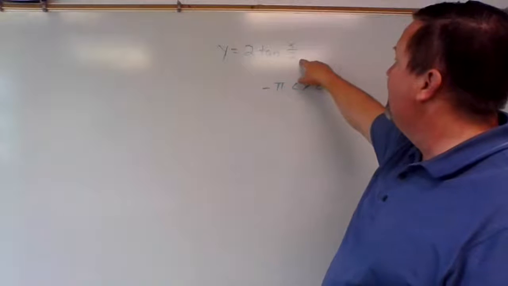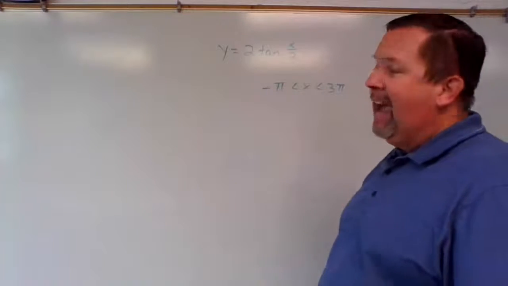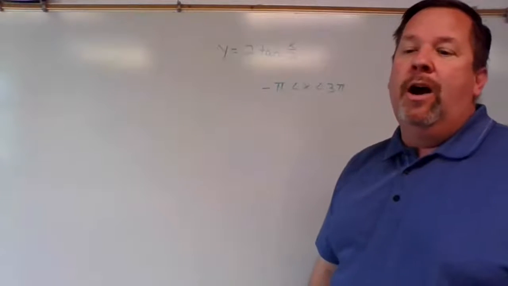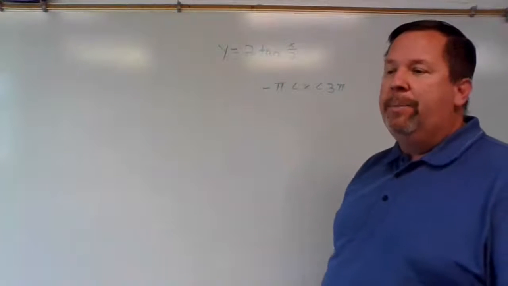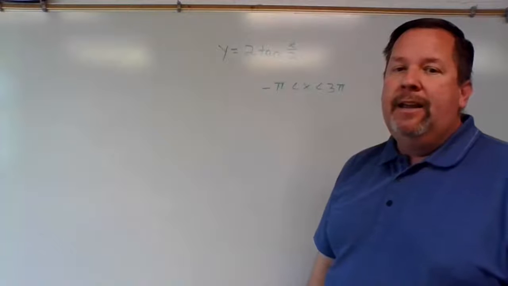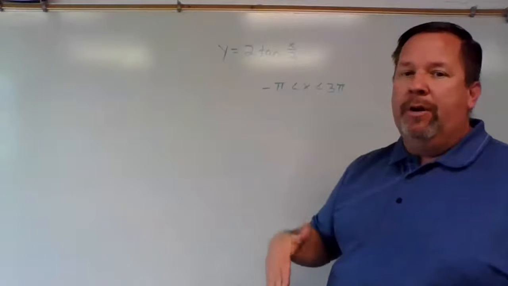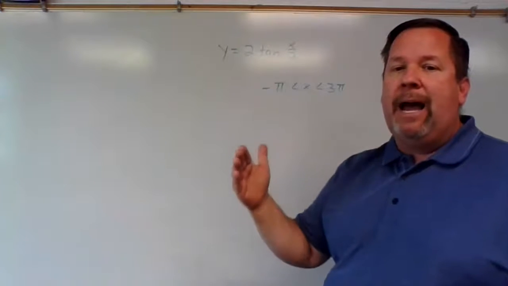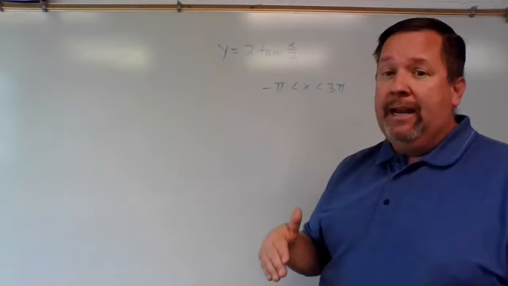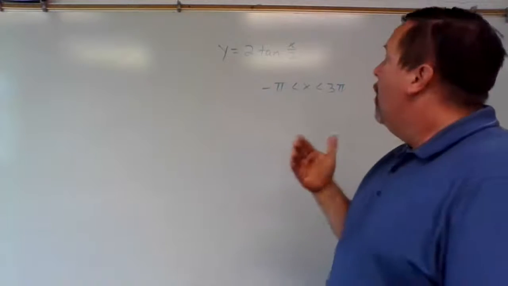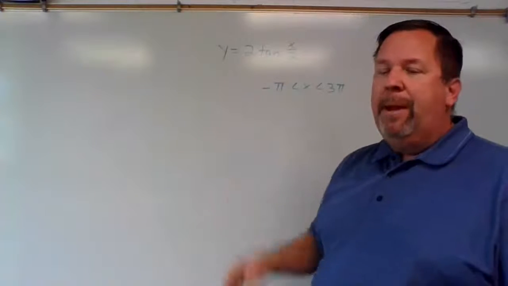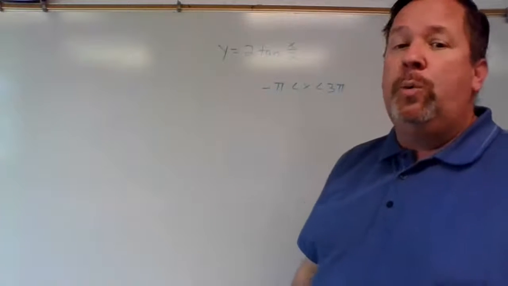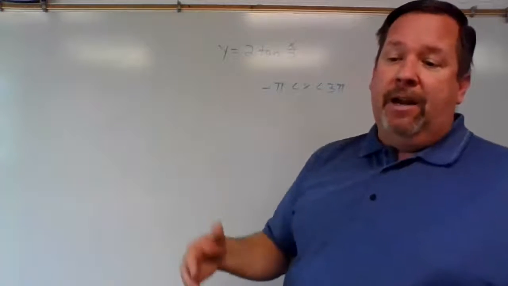X over 2 means the same thing as 1/2 x. And so you can figure out, although we're going to let the calculator help us, the period, instead of 2 pi over b, for tangent graphs the period is pi over b. So pi over 1/2, if we flip and multiply, the period becomes 2 pi. No big deal.